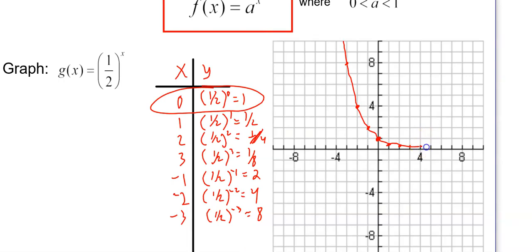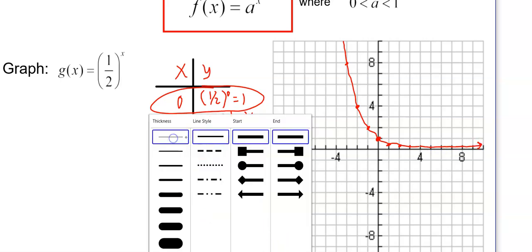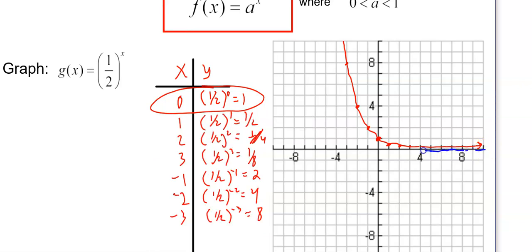Okay, so the graph should approach the asymptote here. Don't forget to draw the asymptote and label it with an equation. This is y equals 0, it's the asymptote. And it has a little arrow on the end as it goes up and to the left forever.